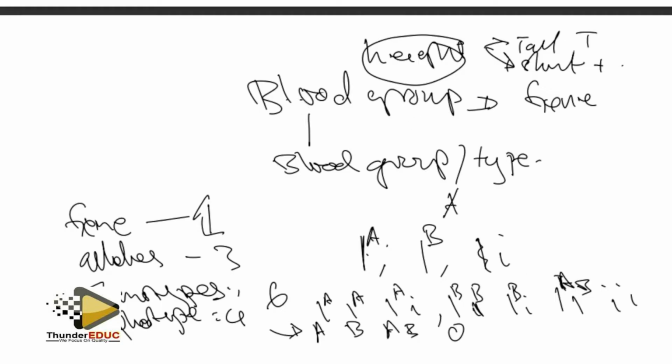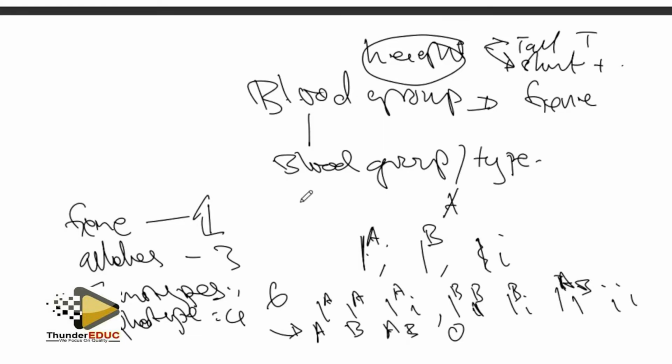O is homozygous. This is codominant, or heterozygous, homozygous, heterozygous, homozygous. So there are 6 of them. 1 gene, 3 alleles, 6 genotypes, 4 phenotypes.